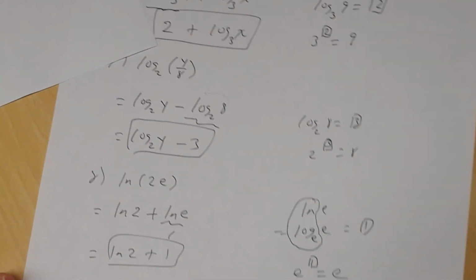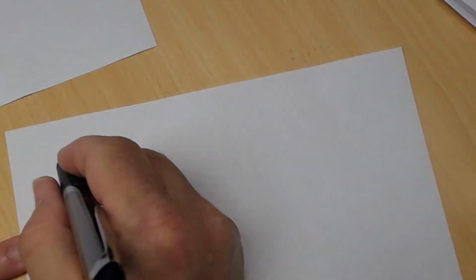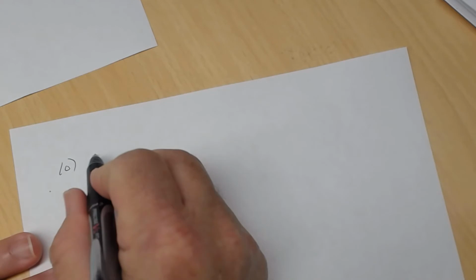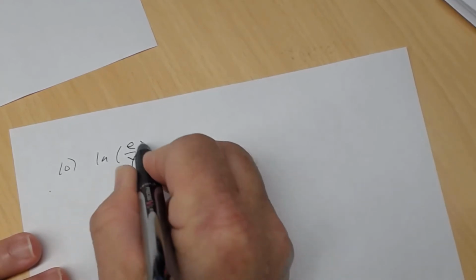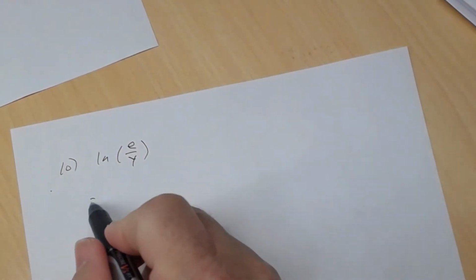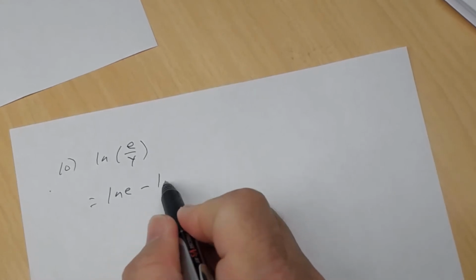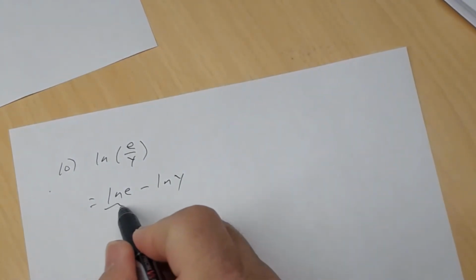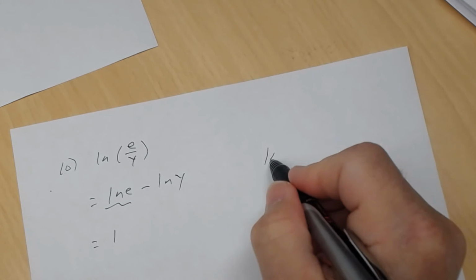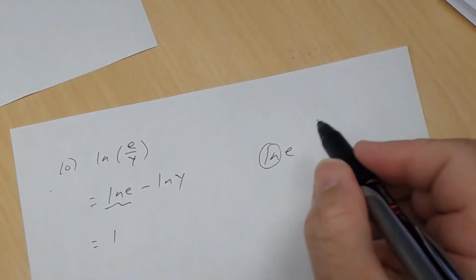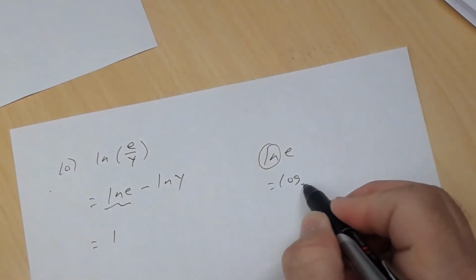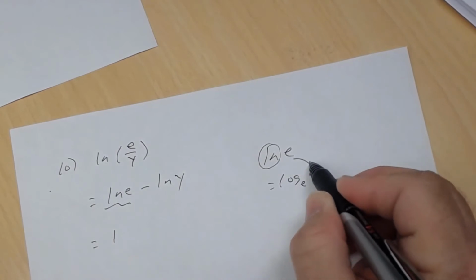Okay, number 10. So number 10, you have the natural log of e divided by y. So again, using the quotient rule, this becomes the natural log of e minus the natural log of y. Well, remember, the natural log of e we just found to be 1, because remember, the natural log of e, this right here that I'm circling, is really the log base e, and my argument is e here.